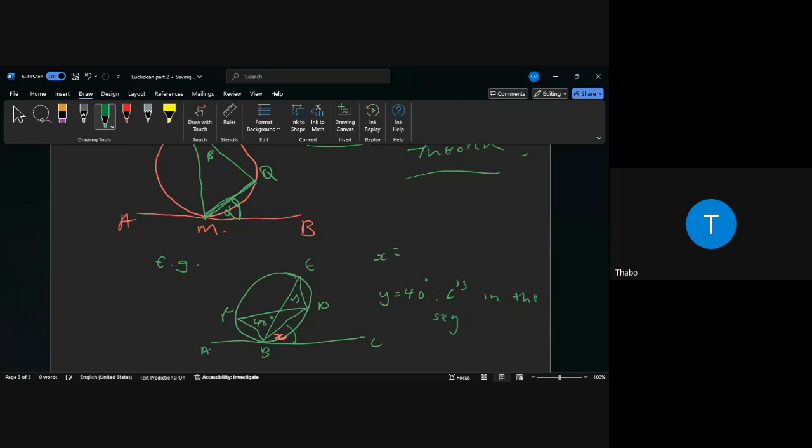Which chord subtends them? Which chord subtends the two angles for them to be in the same segment? We see there's no arc, so it's definitely a chord. Which chord?